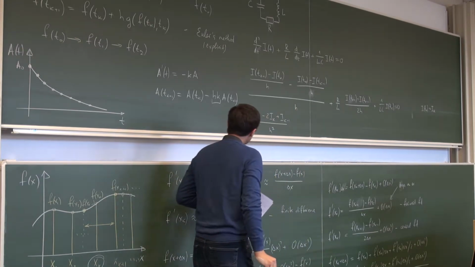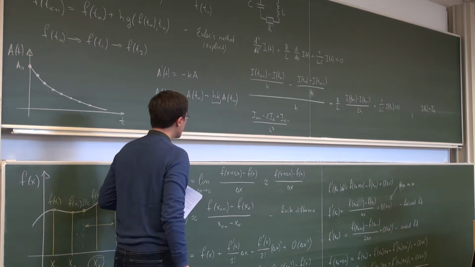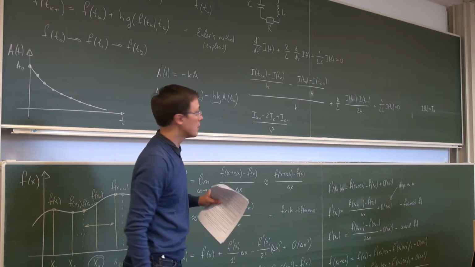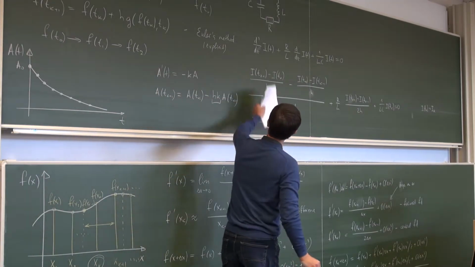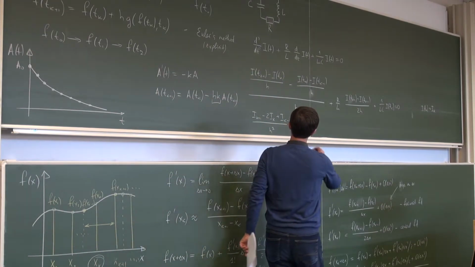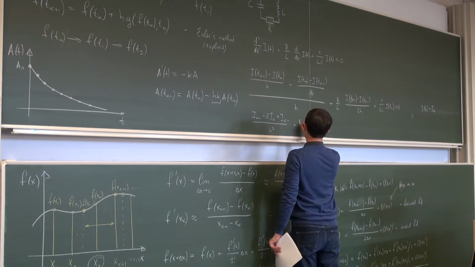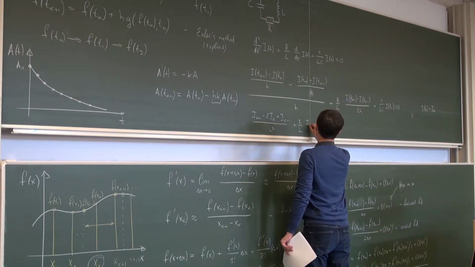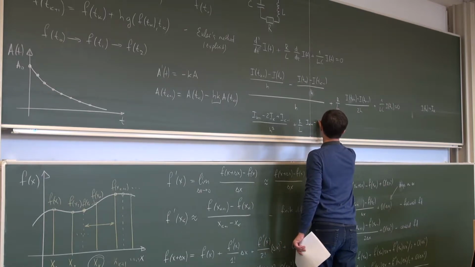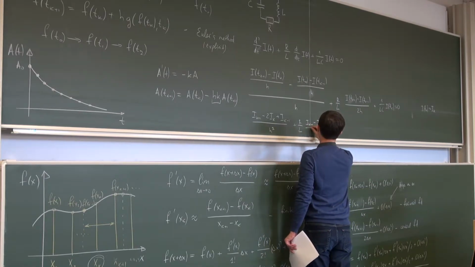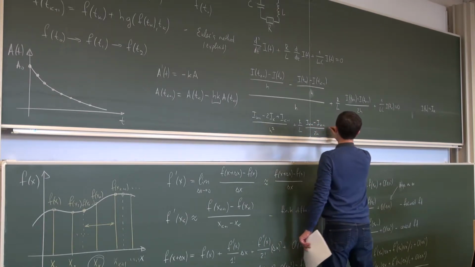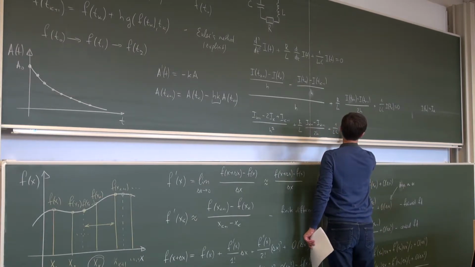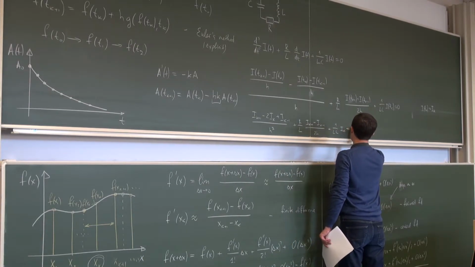This is a finite difference estimator for the second derivative. And as you can see, it's got dt squared in the denominator, plus r over L times I_k plus 1 minus I_k minus 1 over 2h, plus 1 over LC I_k equals 0.